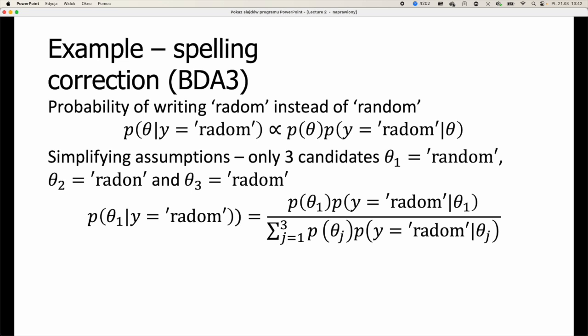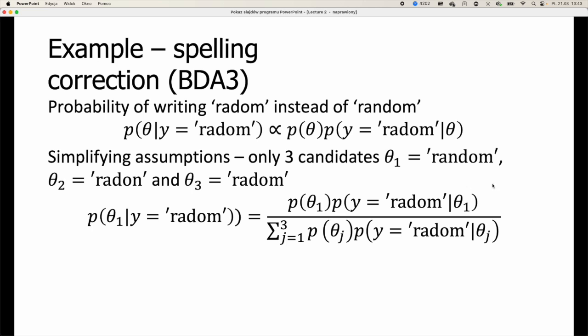So, what is the probability that we wanted to write random, but the actual data said radom? So, using Bayes' rule, we have, of course, the general probability that it was actually random. So the prior probability, what is the probability that words written this way are random?